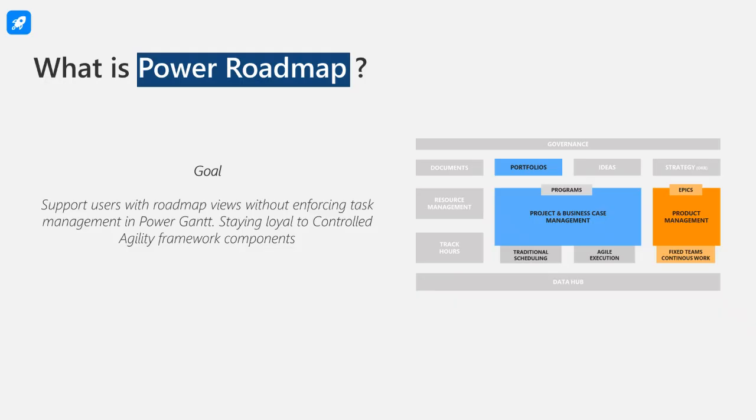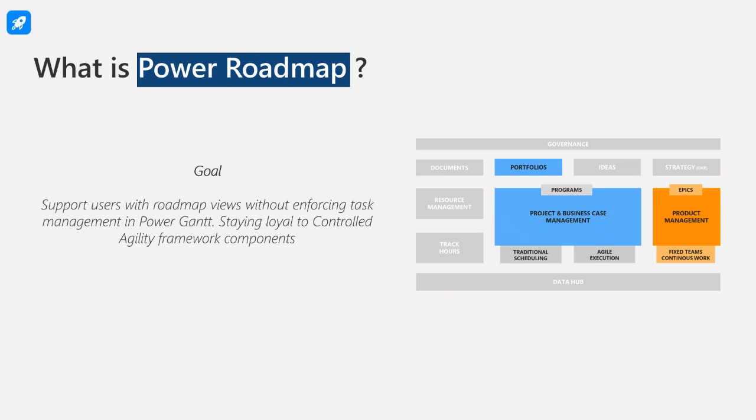So imagine that when we looked into Power Roadmap, we were looking into how can we support our controlled agility framework, which is what you're seeing here on the right. So you can see we are trying to support the portfolio management, the programs, and also combine that with how do you see epics lining up to a portfolio, programs lining up to a portfolio, and projects lining up to a portfolio. So we need some kind of overview where I can see all of those things.